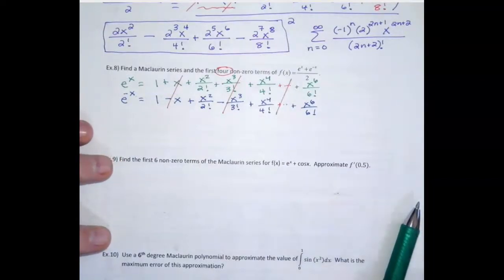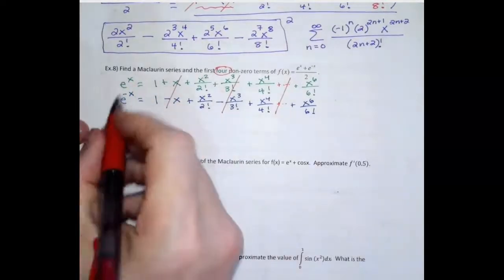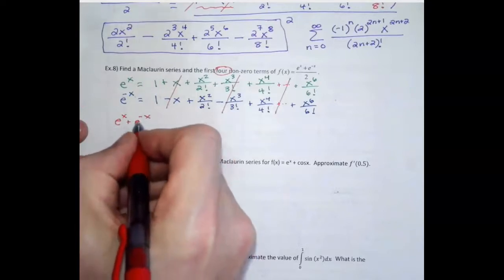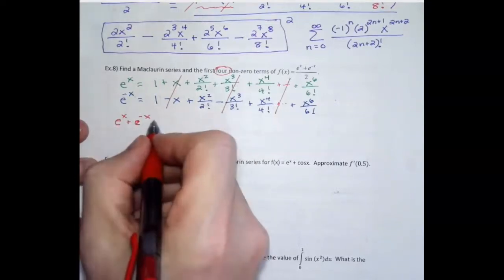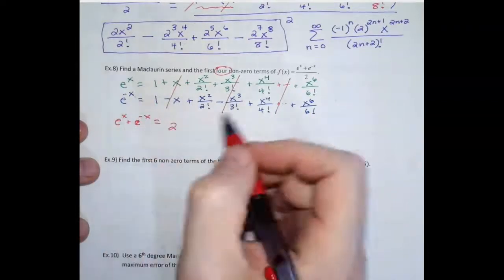So now, if we take those together and we add e to the x plus e to the negative x, make sure those e's are there. So if I add that together, that's going to be 2.